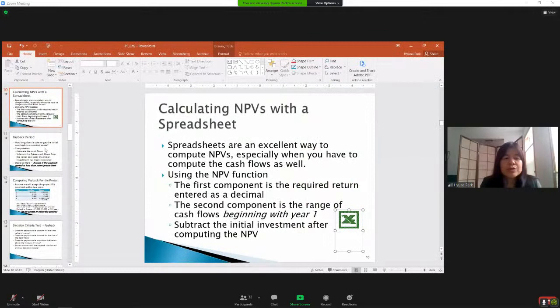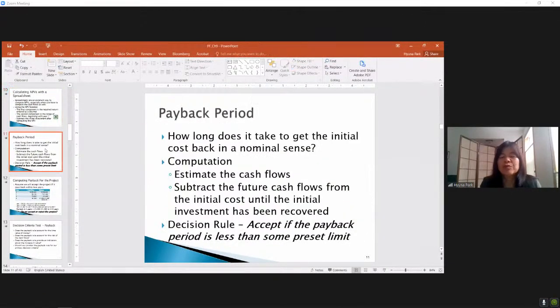All right, so we finished the NPV calculation. Now we move on to another capital budgeting tool, and that is the payback rule. The payback rule is simple. Simply speaking, how long does it take to get the initial investment back in a nominal sense?